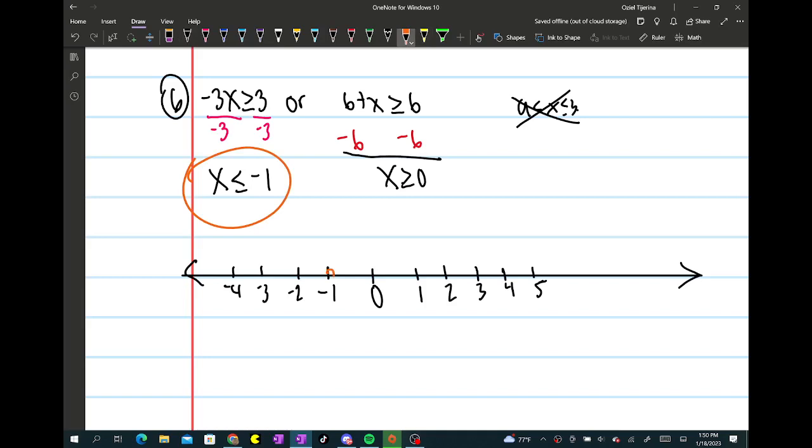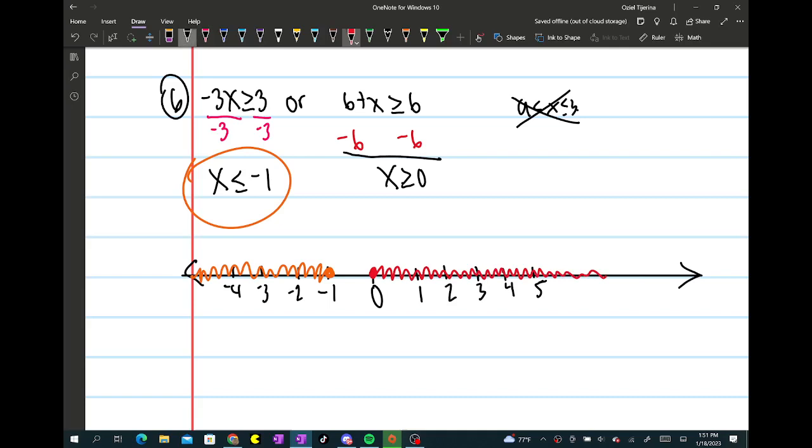I'm going to put a closed dot at -1 and shade all the ones that are less than or equal to -1. And then for x is greater than or equal to 0, it's going to be a closed dot, and we're going to shade it to the right.